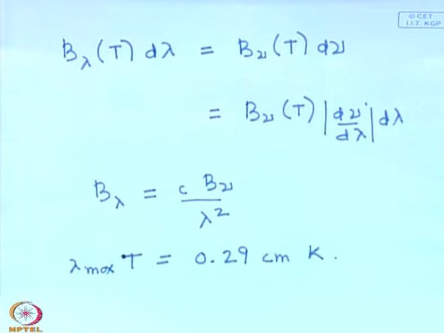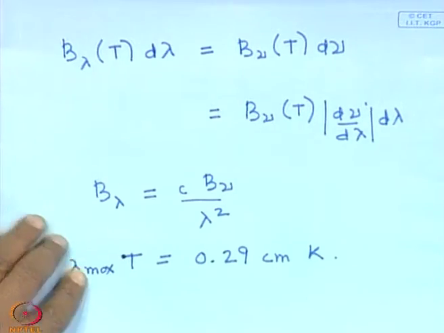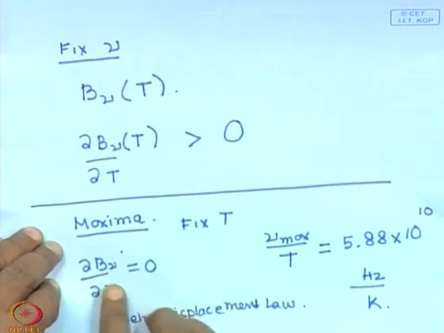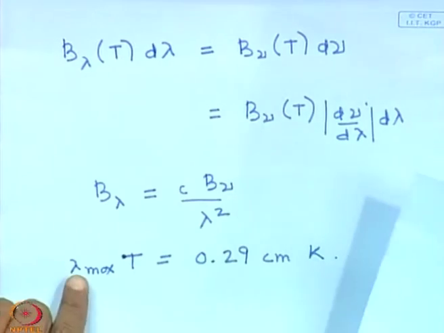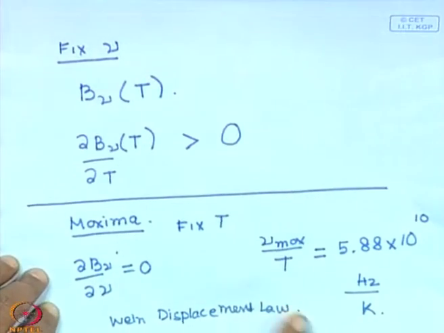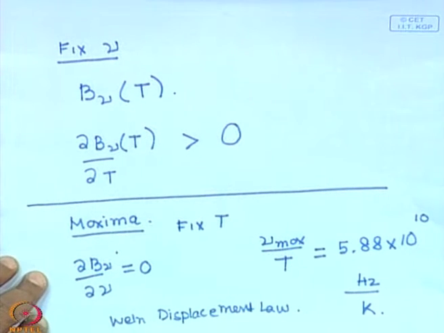So, both of them refer to Wien displacement law, and this tells us where B lambda has a maximum, and the one that we considered earlier tells us where the B nu has a maximum. Now, you cannot relate lambda max and nu max by just a factor of c, because they are the maxima of two different functions.